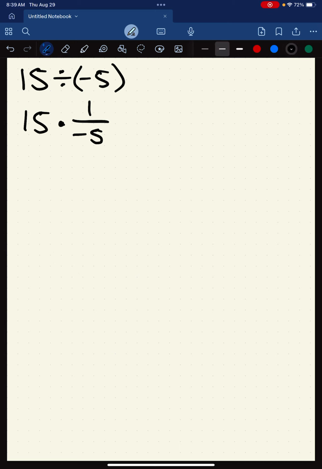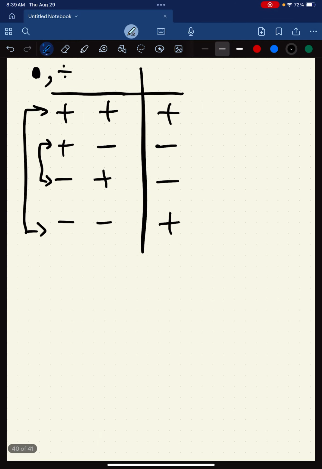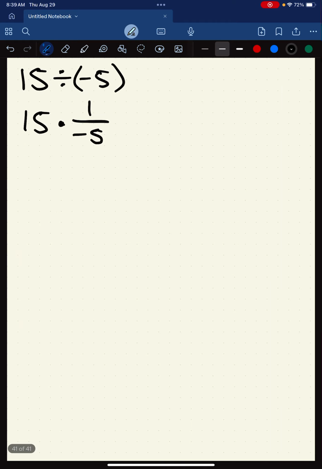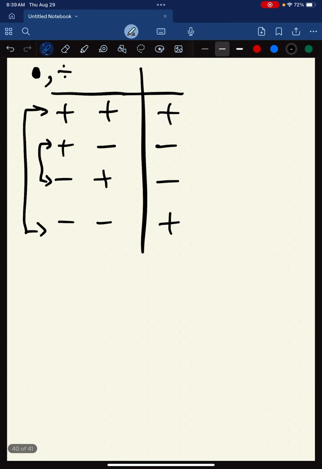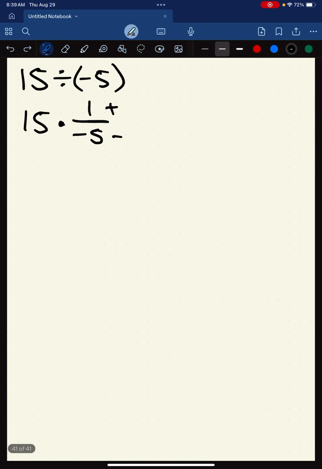Okay. So as I've mentioned from our previous slide, we know that for multiplication and division, if you have a positive number and a negative number, we're going to get a negative. So this is 15 times -1 over 5.